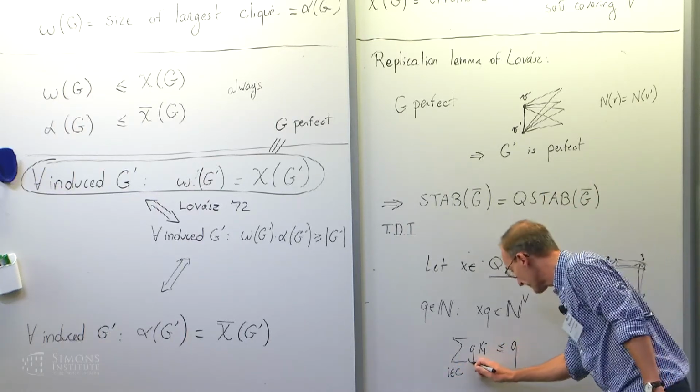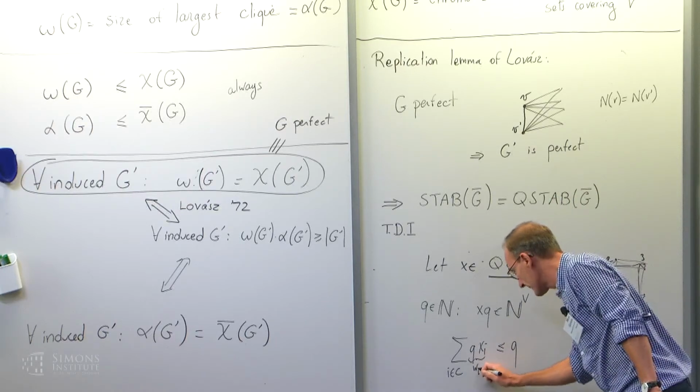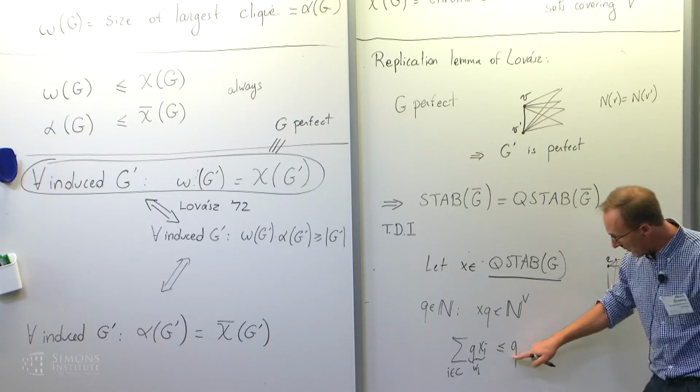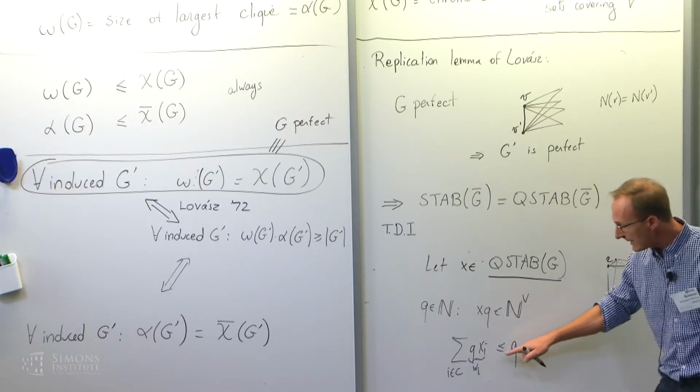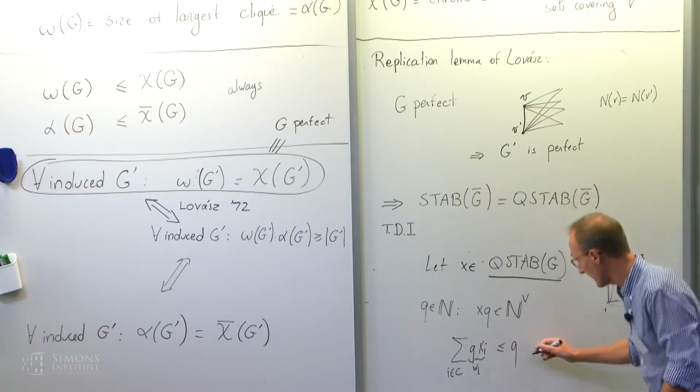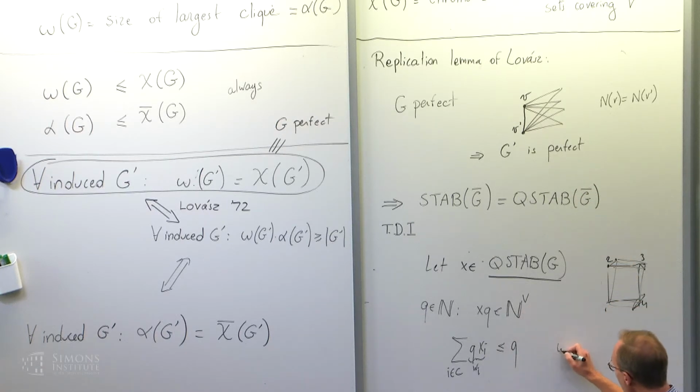So if these are my weights, the maximum weighted clique in the graph is at most q. That means omega of G with respect to the weights qx is at most q.